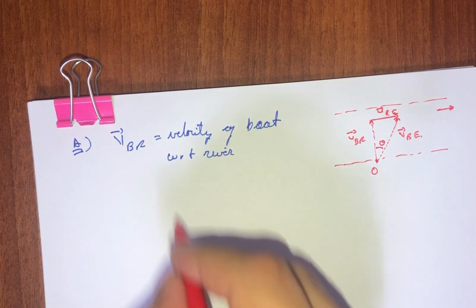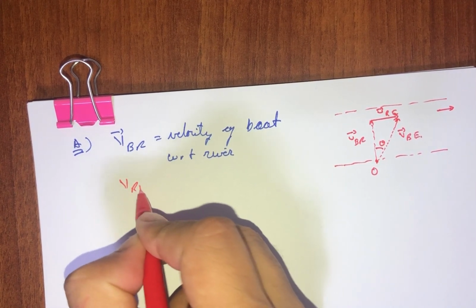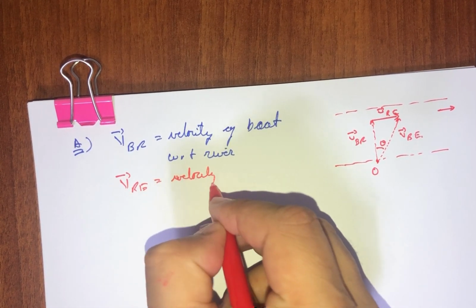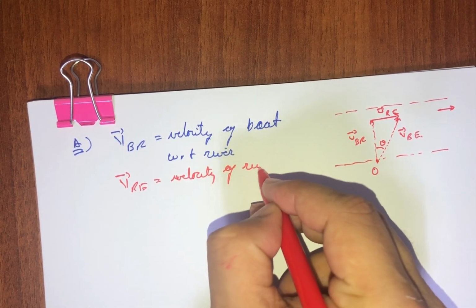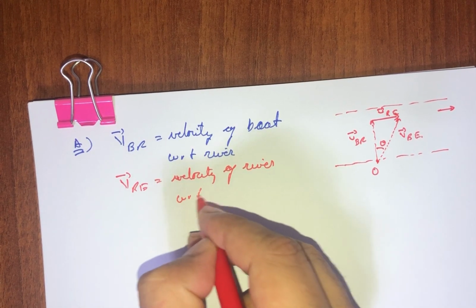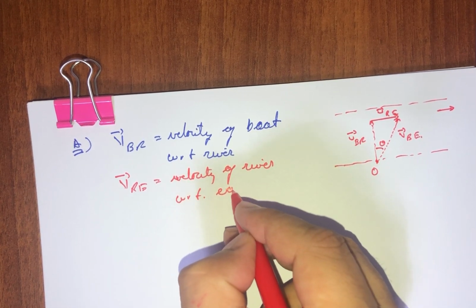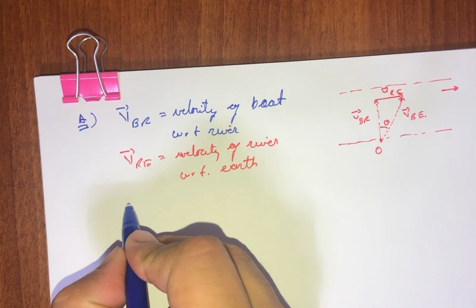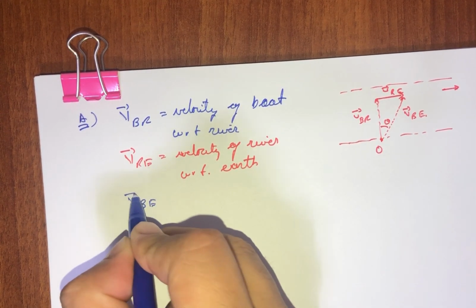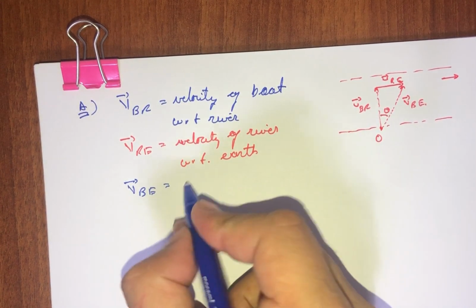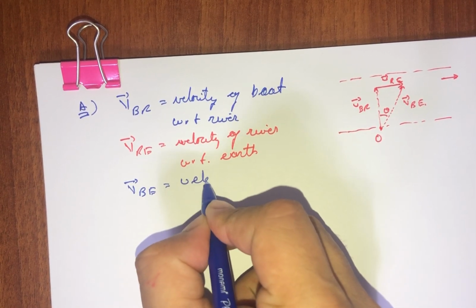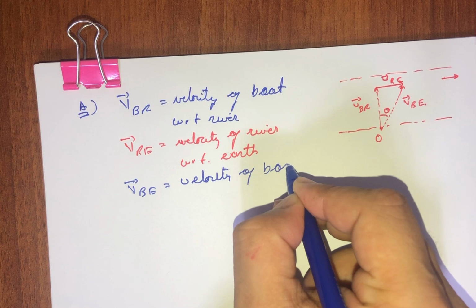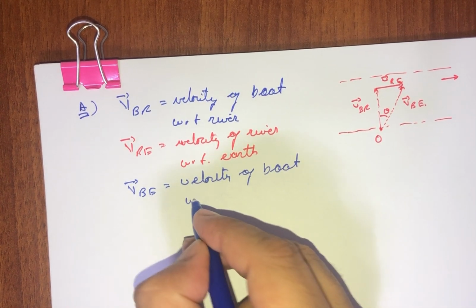Next is VRE, the velocity of river with respect to earth. And last we have VBE, that is the velocity of the boat with respect to earth.